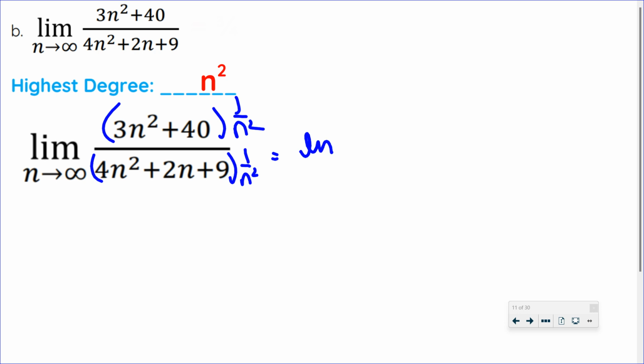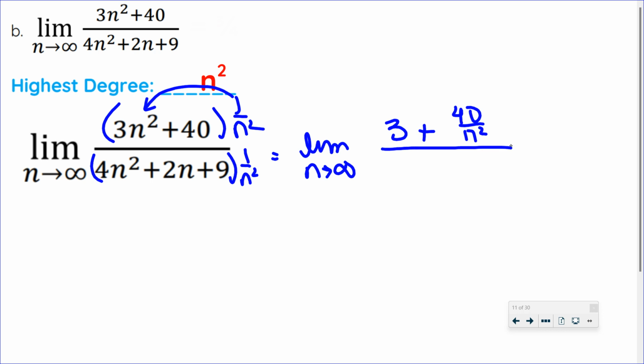So in my numerator, I'll have the limit as n approaches infinity distributed in. So 3n squared times 1 over n squared is 3, plus 40 times 1 over n squared, all over distributing this one in. 1 over n squared times 4n squared, 2n times 1 over n squared, and 9 times 1 over n squared.